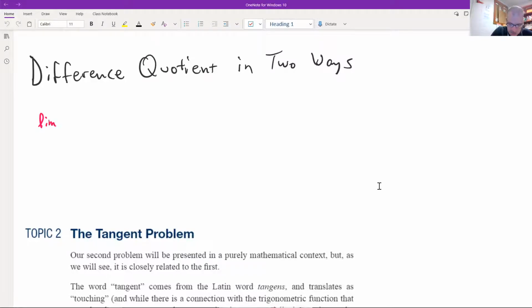The limit as x approaches a, those are x values, and a will be some x value in particular, of f of x minus f of a all over x minus a. So this is the difference quotient that might seem pretty familiar.